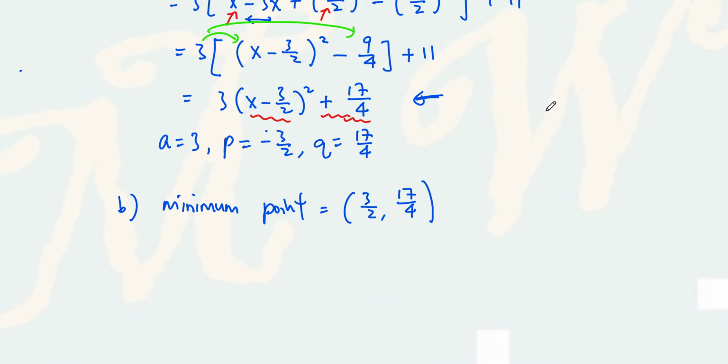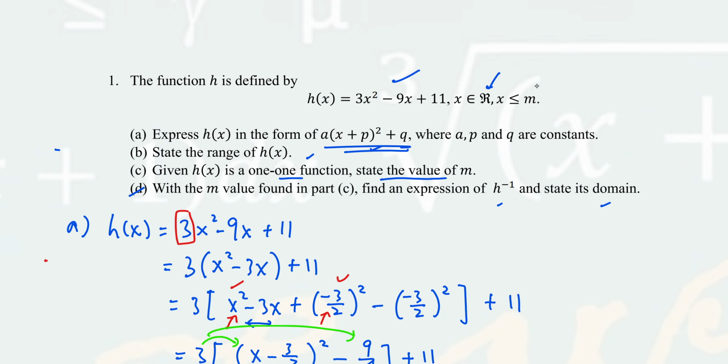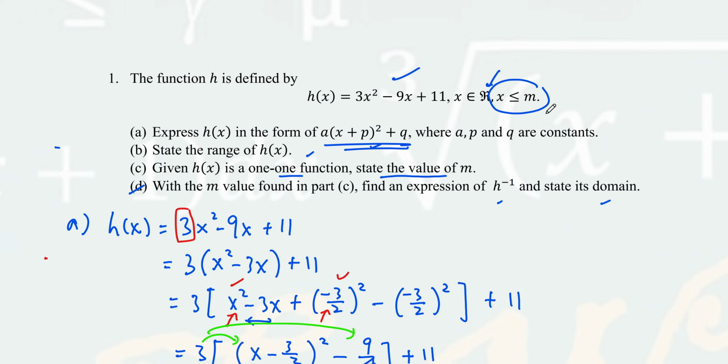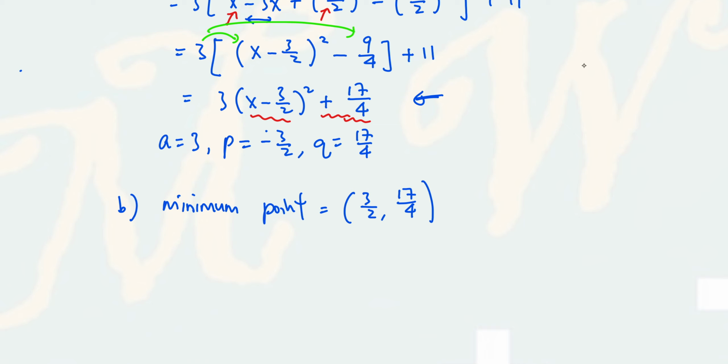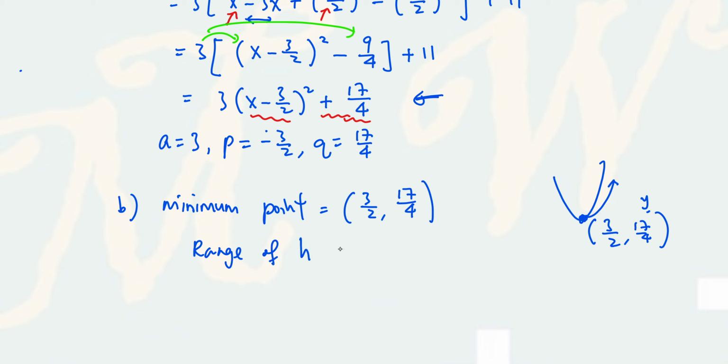Now look at the domain: x is less than or equal to m. If I sketch a graph, I will be getting this point with coordinates 3 over 2, 17 over 4. This is my y value, which means my smallest y is this value. The rest of the y will be greater than that. So I will write the range of h.